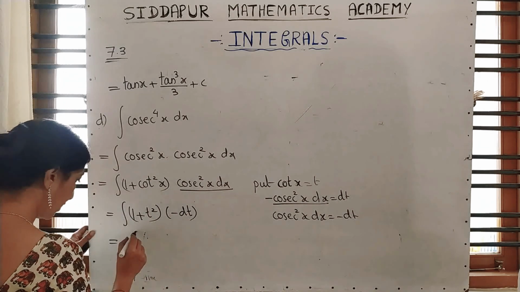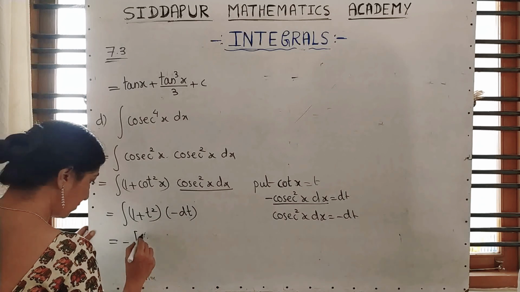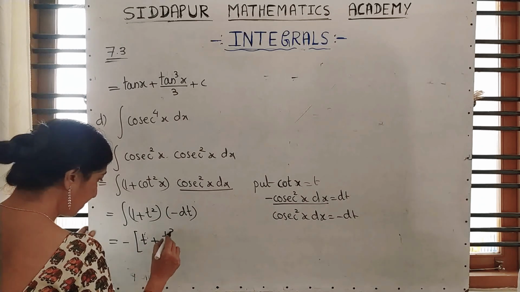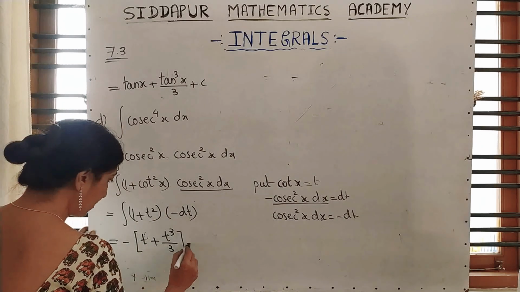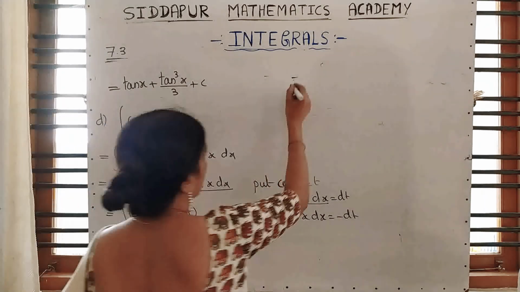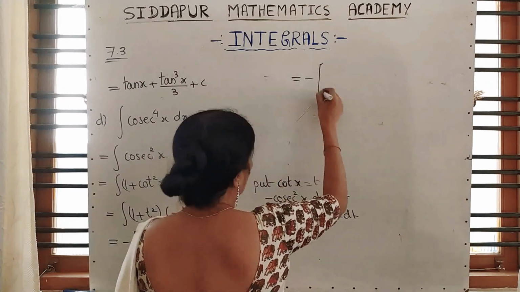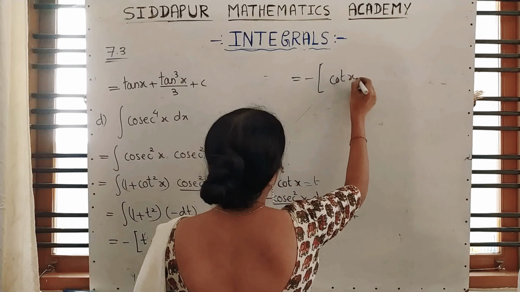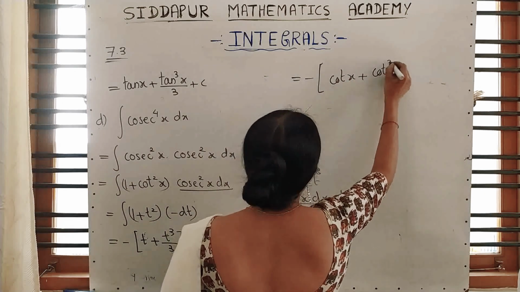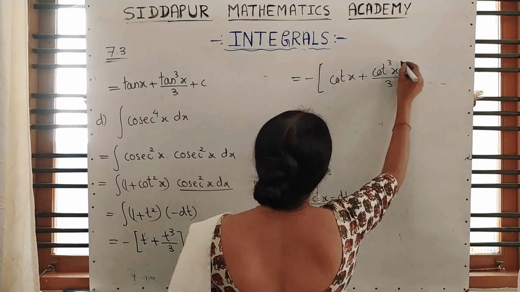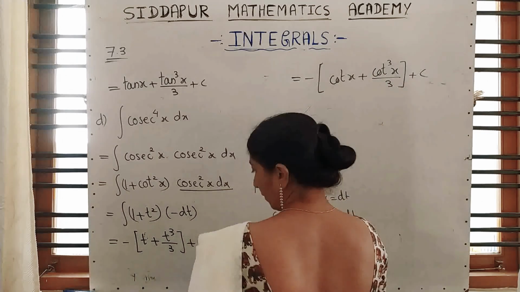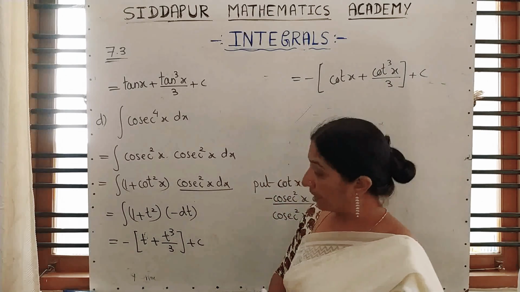Write minus outside in the bracket. Integration of 1 with respect to t is t. Write down the t value. So this is how we are integrating.